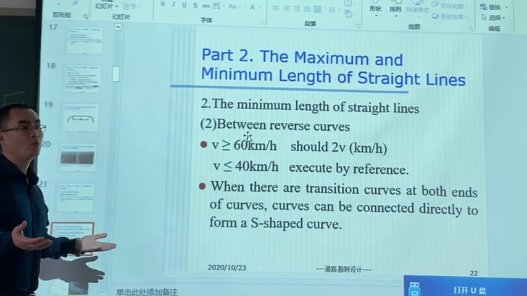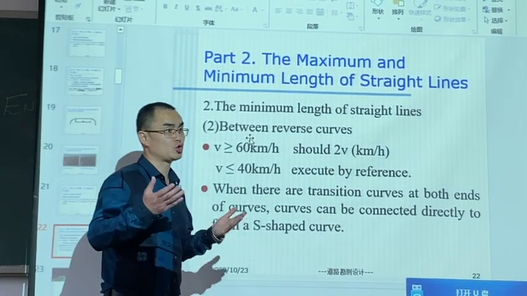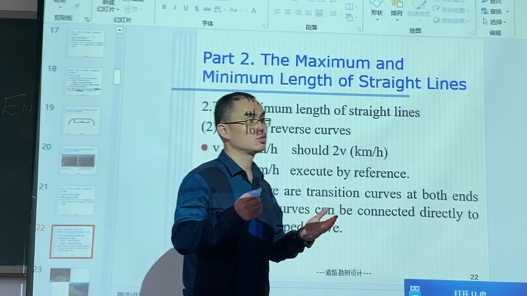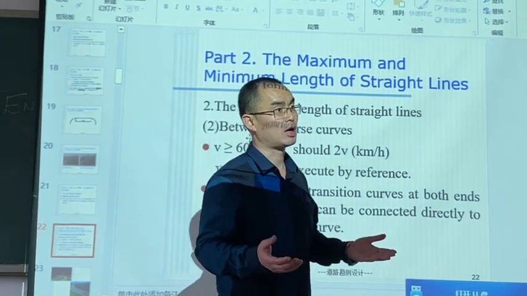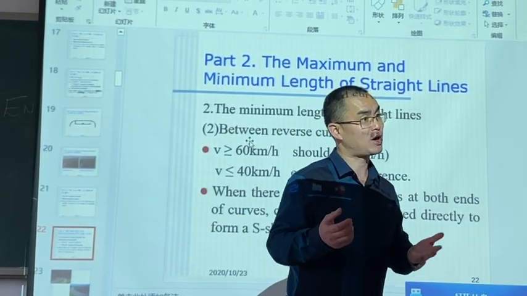There is no straight line between two transition curves in reverse directions.